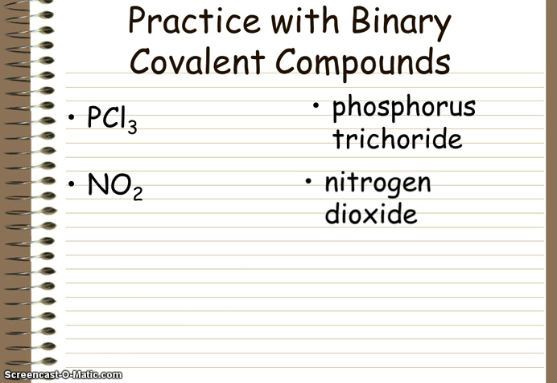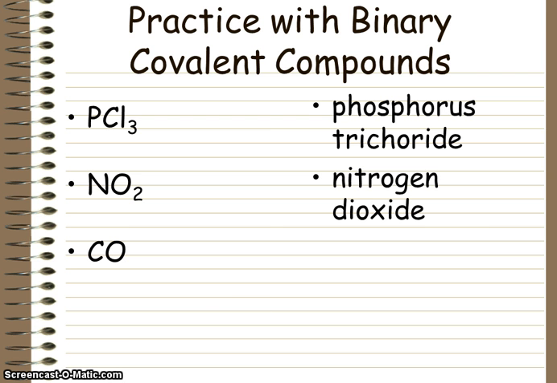So NO2 would be nitrogen dioxide. Let's say we have CO. We have 1 carbon and 1 oxygen. We don't use the prefix mono for the first element in binary covalent compounds, but we would for the second. So here we have carbon monoxide.